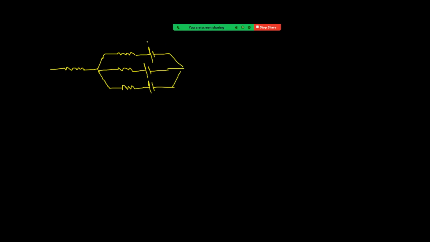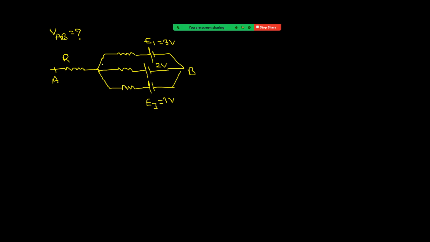This is E1, 3 volt, this is E2, 2 volt, and this is E3, 1 volt. This is point B and this is point A, and all resistances are equal to 1 ohm. So we have to find V_AB across AB, what is the potential difference?